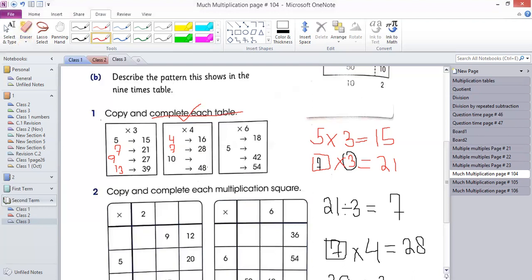Write 40 then. Right here 40. And 12 multiplied by 4 is equal to 48. So right here 40, guys.